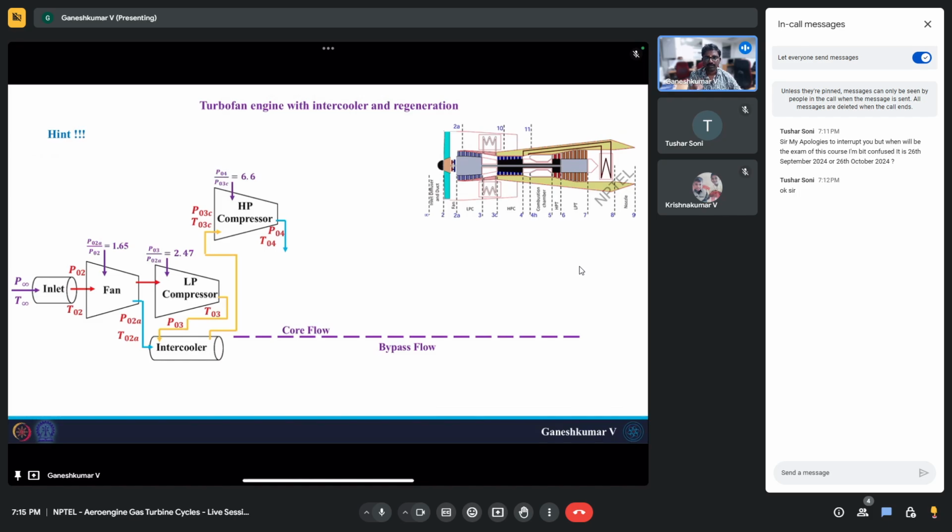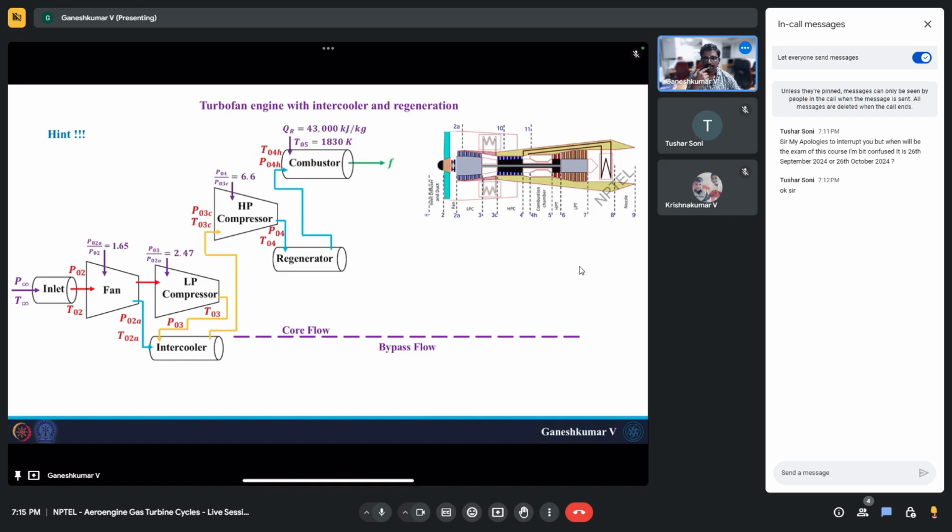Once you find the pressure and temperature, it doesn't directly get into the combustion chamber. It goes through the regenerator, so the flow goes near the exhaust gas. It gets some heat from the exhaust gas, and then it comes out. So there is a regenerator component, which is again nothing but a heat exchanger near the exhaust. You can see this part over here is the regenerator, and from there the temperature would be a little bit higher, but the pressure would be a little bit lower because there is a pressure loss.